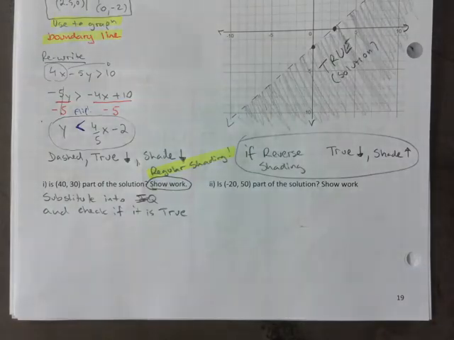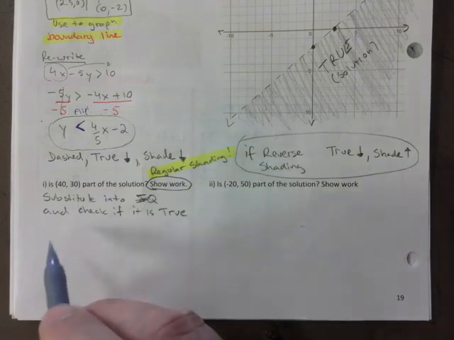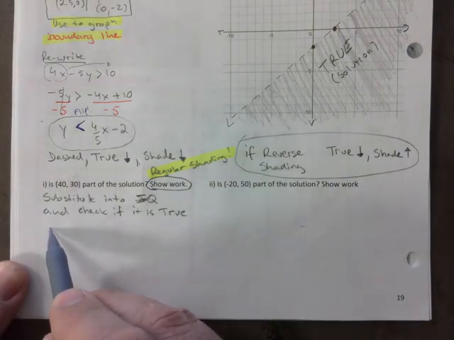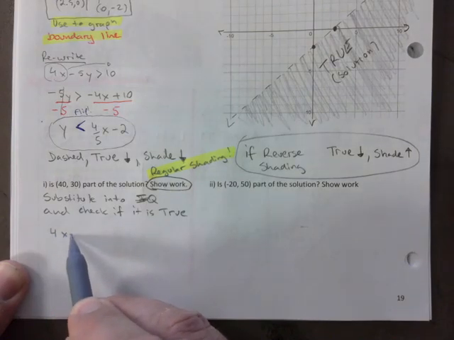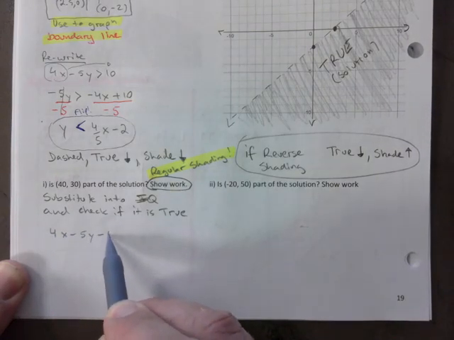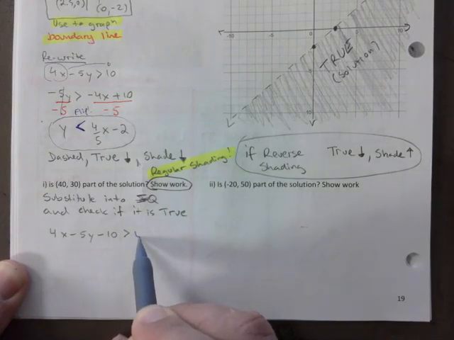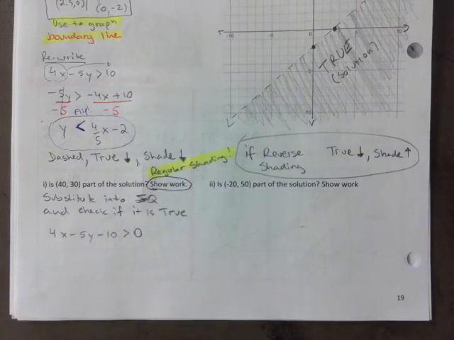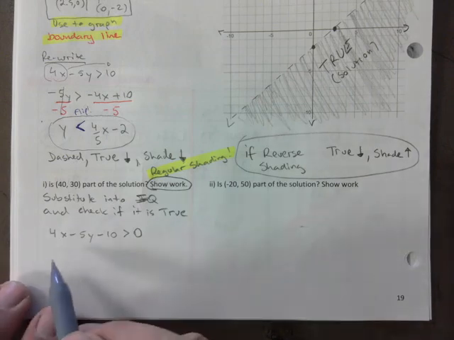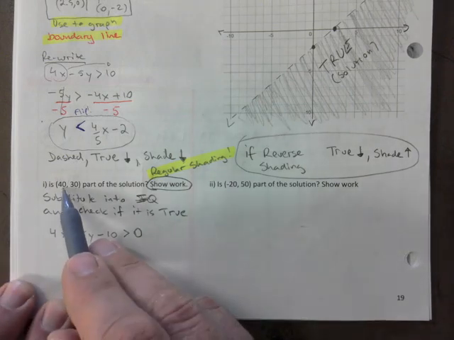And I would say grab the original inequality. I'm going to grab the very top, the original, just in case I made a mistake in rewriting it. So x is 40, correct?